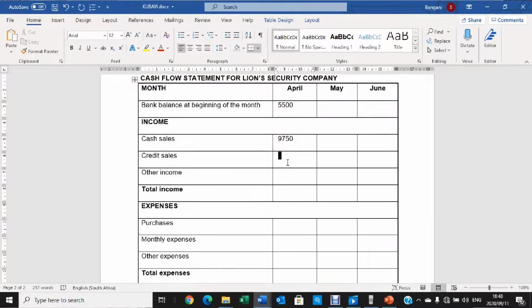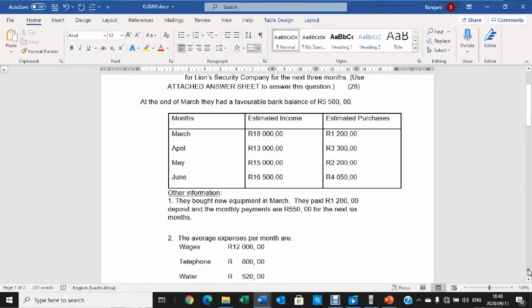March estimated income is 18,000, and we're only looking for 25% of 18,000. 18,000 multiplied by 25 divided by 100 gives us 4,500.